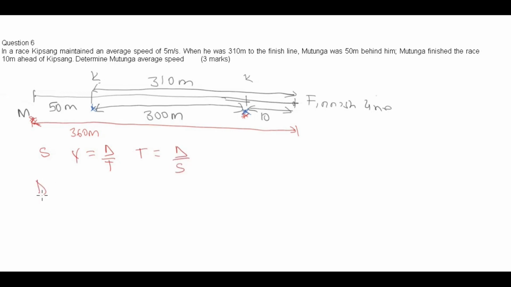Distance for Kcse is equals to 310 meters minus 10 because Mutunga finished 10 meters ahead of Kcse, so it is 310 minus 10 meters, which is equals to 300 meters, and distance for Mutunga is equals to 310 meters plus 50 meters, which is equals to 360 meters.